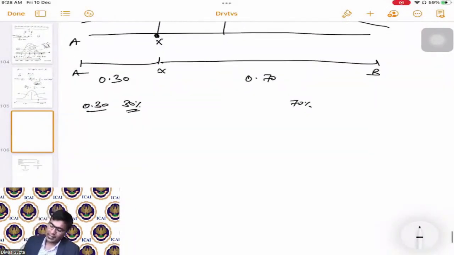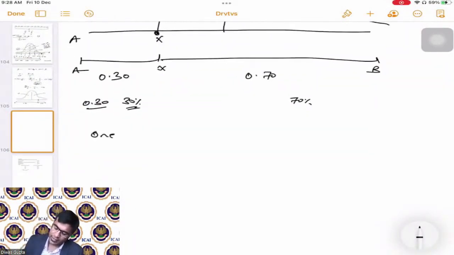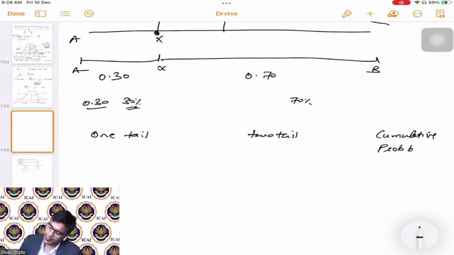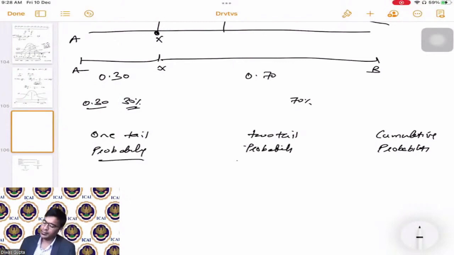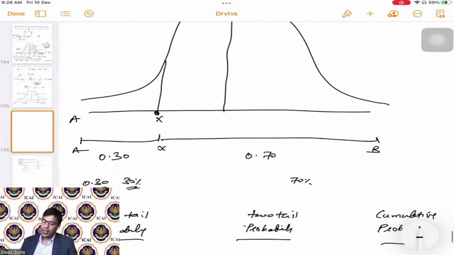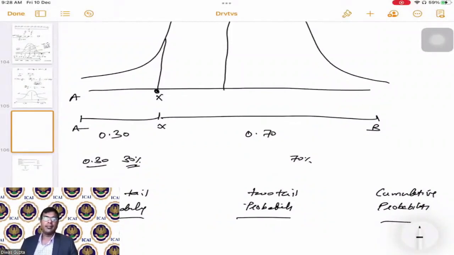Now, here we have three things. One is one tail, one is two tail, one is cumulative probability. This is one tail probability, two tail probability, and cumulative probability. Now listen very carefully. What is called one tail probability?